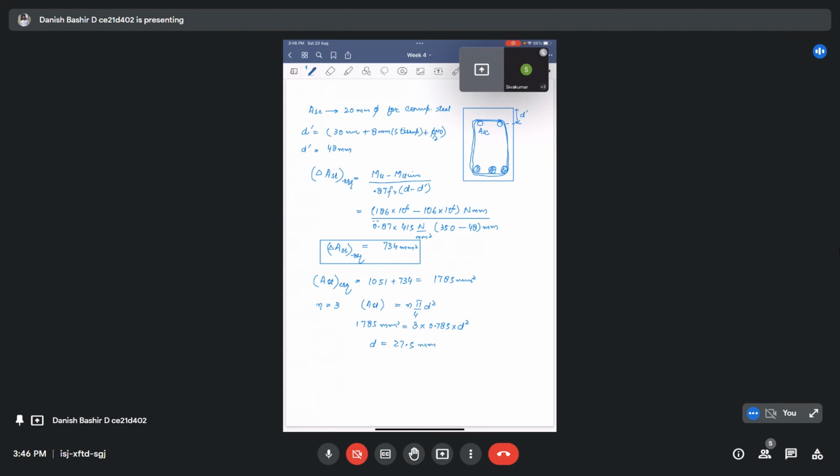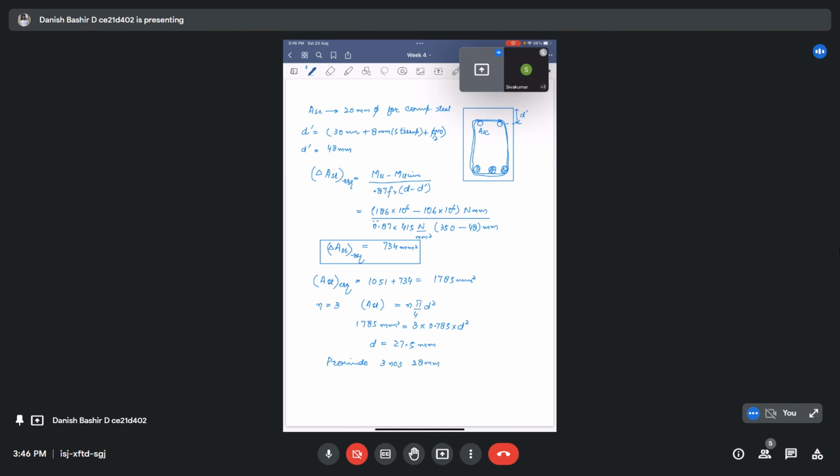Now as a designer you will not write in the design that I am putting a 27.5 mm diameter bar, because a 27.5 mm diameter bar is not commercially available, nor is it being manufactured. So you have to report the diameter as an available diameter that is being manufactured. So I can provide 3 numbers of 28 mm.